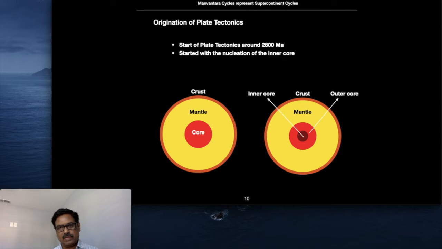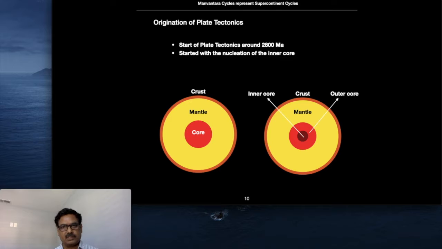When you cool the interior, the mantle cools, and then the outer core cools, and when the core cools down, it gets solidified inside, at the center of the Earth. So the inner core was formed around 2800 million years ago, when plate tectonics started.